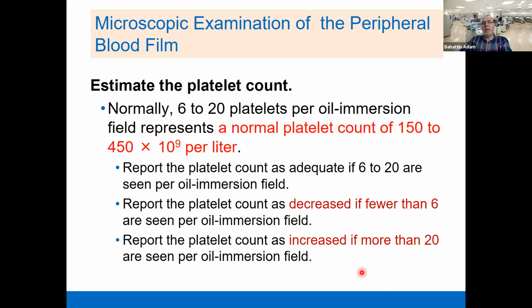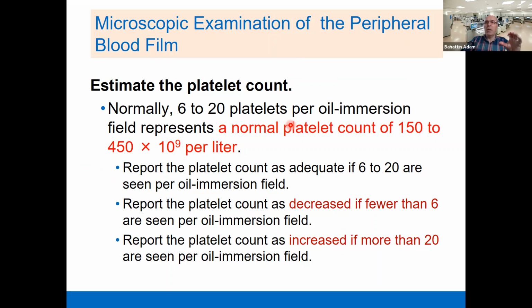Another test is to estimate the platelet count. Platelets are related to clotting. Normally, 6 to 20 platelets per oil immersion field represent a normal platelet count of 150 to 450 times 10 to the 9th per liter.